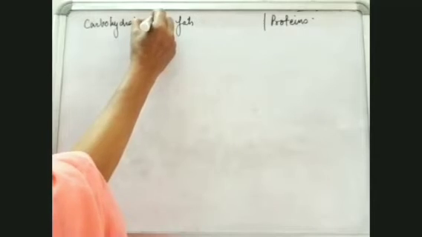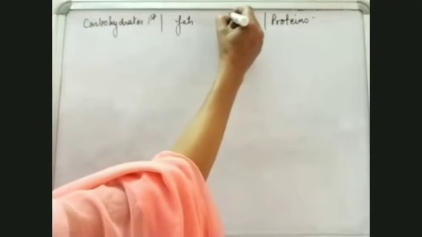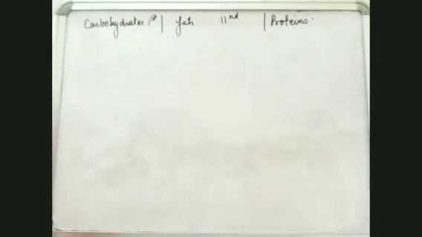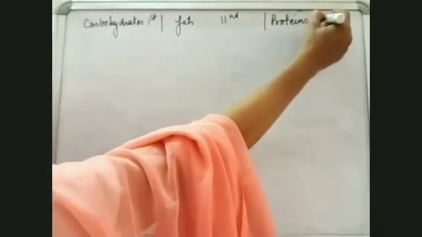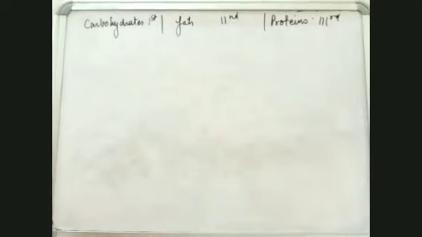The first nutritive substances which are broken down to release energy are carbohydrates. After carbohydrates, it is fats which are broken down to release energy, and then come the proteins. So it is always the carbohydrates first which undergo oxidation to release energy.